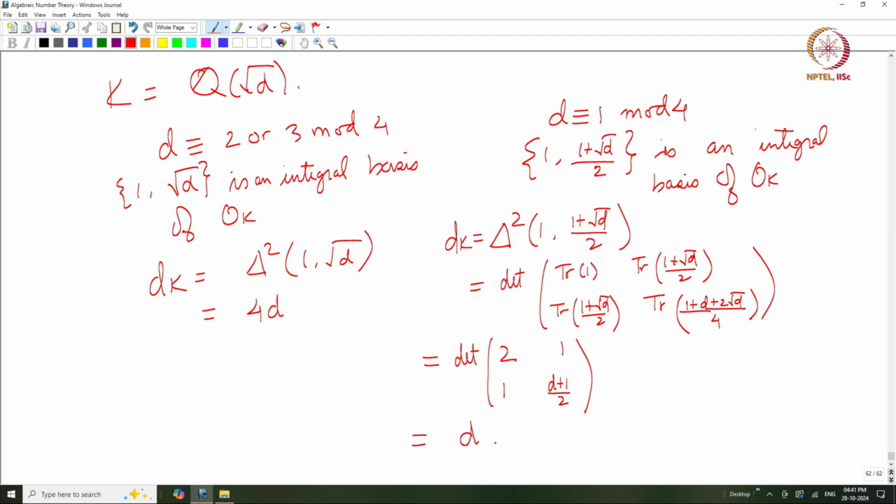Okay. All right. So, this is the calculation of the discriminant, right, and you see if d is congruent to 1 mod 4, we get d_K is d, and if d is not congruent to 1 mod 4, we get d_K is 4d.